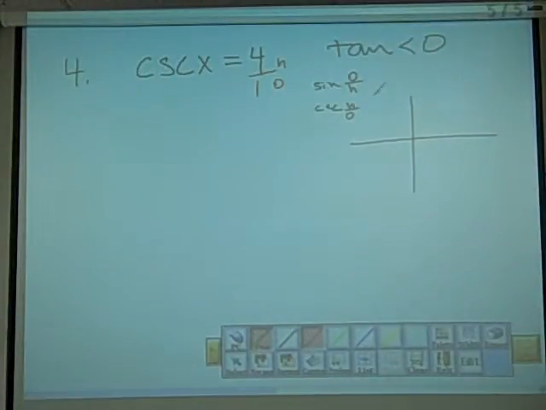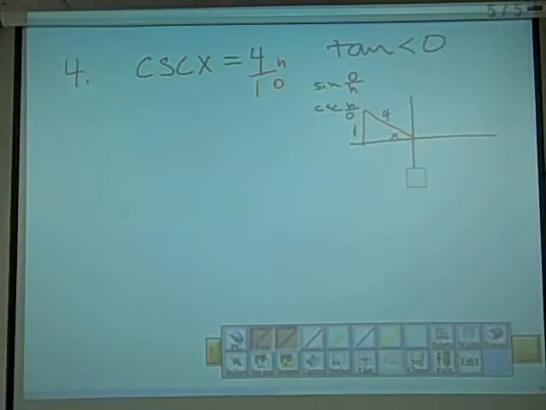And since tangent is negative in quadrants 2 and 4, that can only mean that our angle is in quadrant 2. Okay, so cosecant we said was 4, our hypotenuse, and 1 is our opposite side. So that means we have to find our adjacent side.